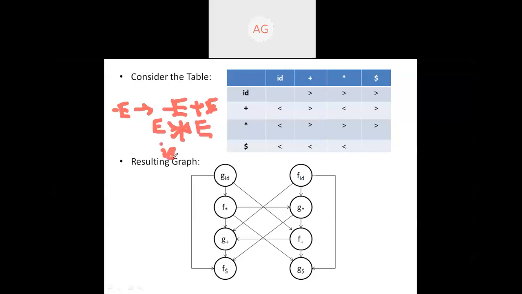So these are our three productions. This is the parsing table we already discussed. Now we need to construct the function table.